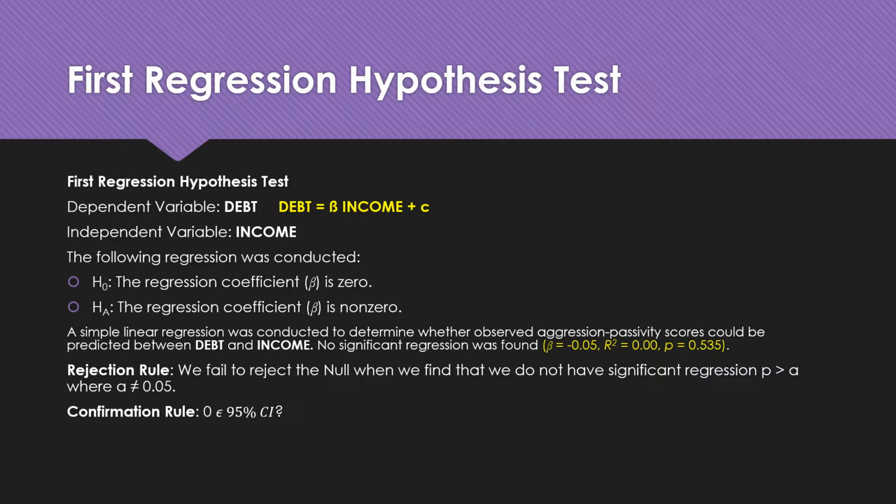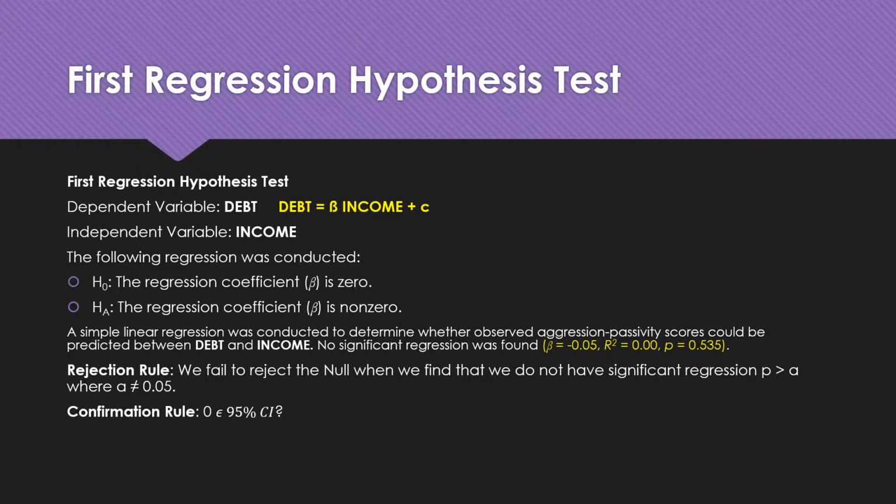A simple linear regression was conducted to determine whether debt could be predicted from income. Our findings were as follows. No significant regression was found. The beta equaled negative 0.05, R squared equals 0.00, and the p-value was equal to 0.535.